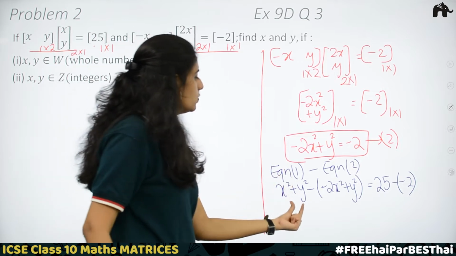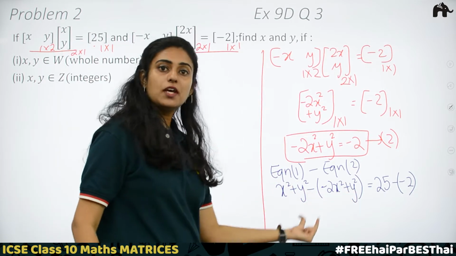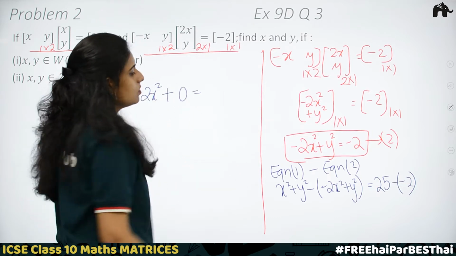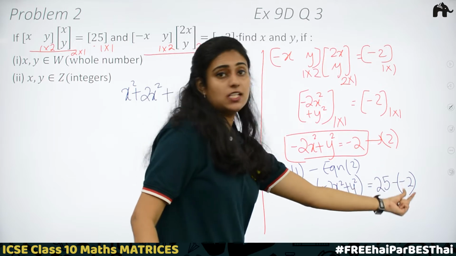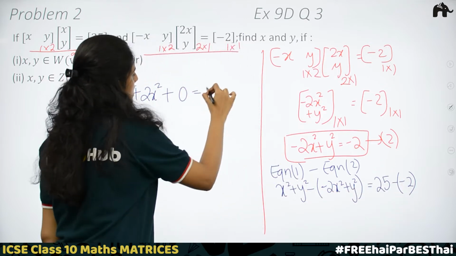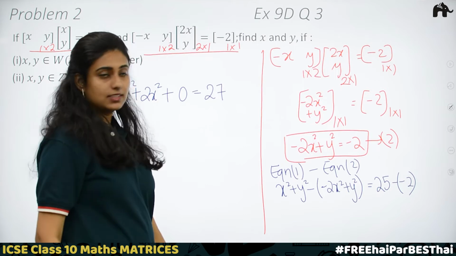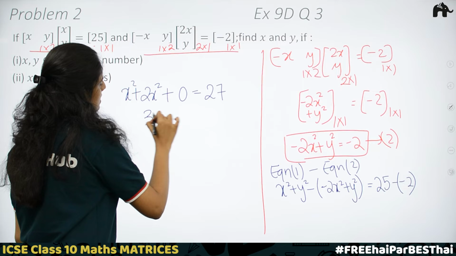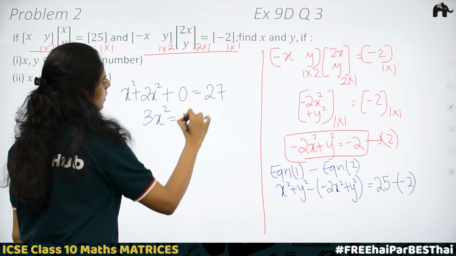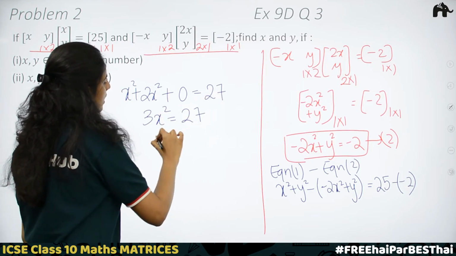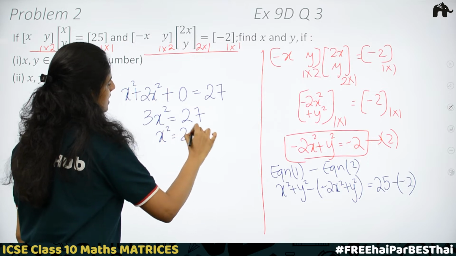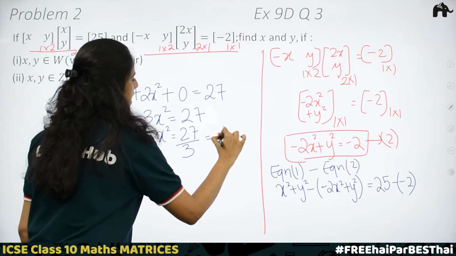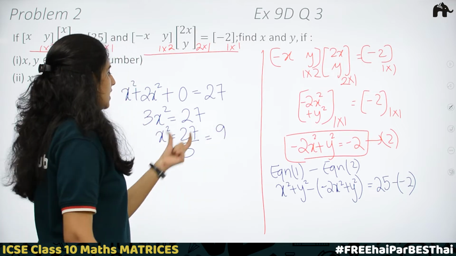Then y square minus y square becomes 0. That is equal to 25 minus minus 2, 25 plus 2, which is 27. x square plus 2x square is 3x square. That is equal to 27, or x square is equal to 27 divided by 3, which is 9.